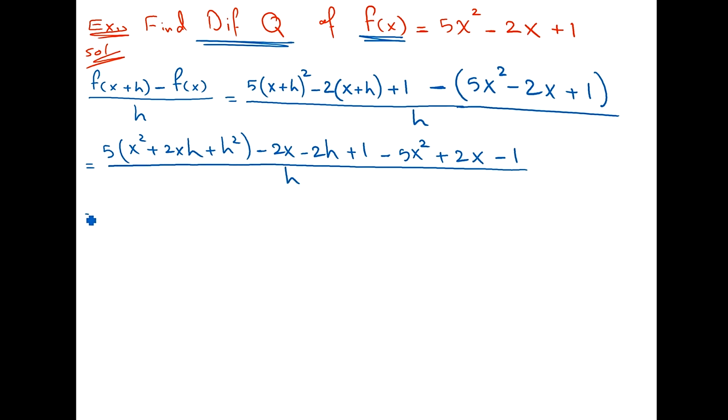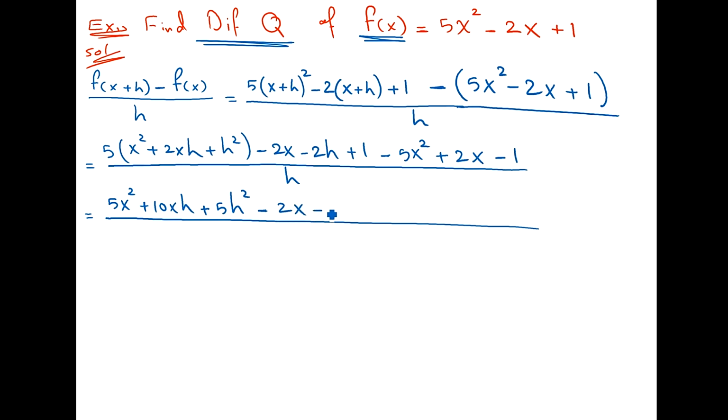Now this equal 5x squared plus 10xh plus 5h squared minus 2x minus 2h plus 1 minus 5x squared plus 2x minus 1.